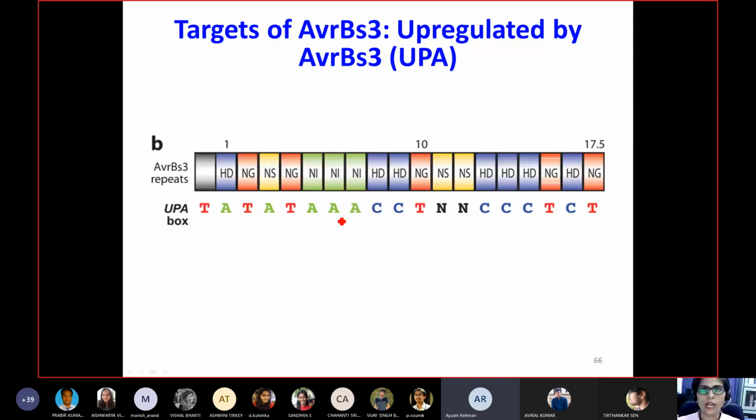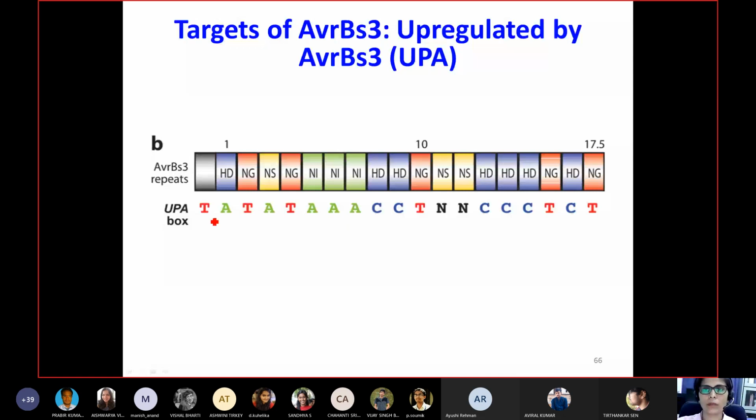So now we are talking about the transcription factor. This transcription factor, after entering into the plant nucleus, regulates a protein. Basically, it upregulates a certain kind of protein. And what was found is the UPA box, we will come to it.